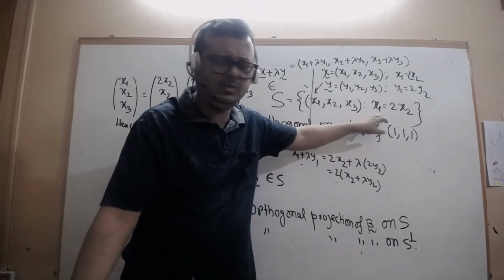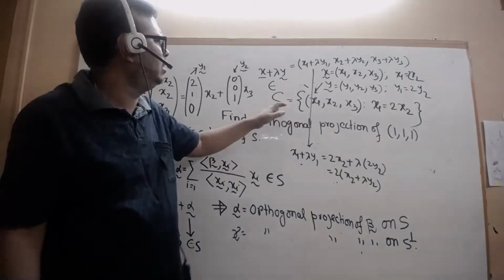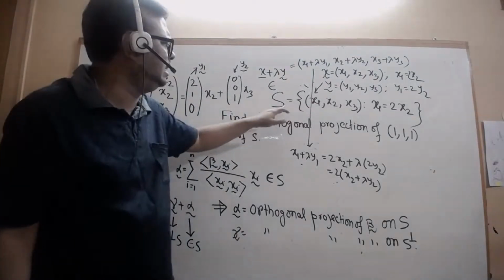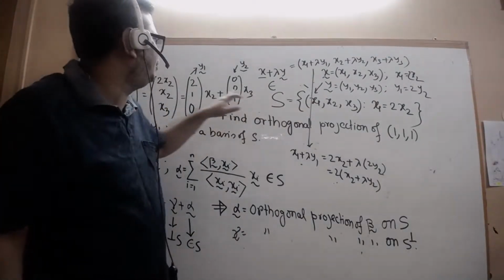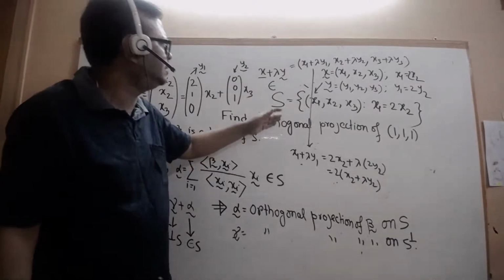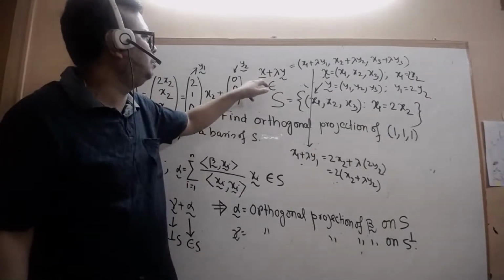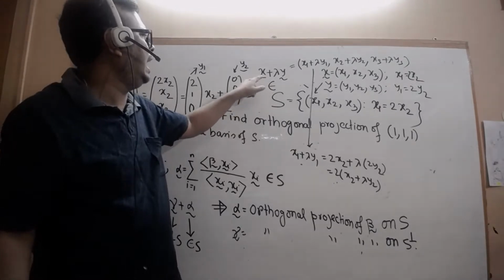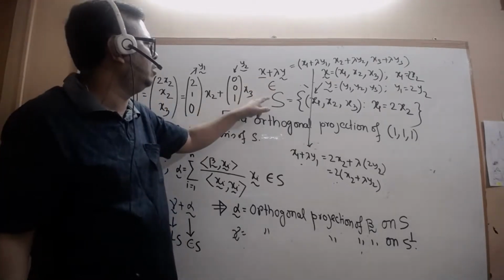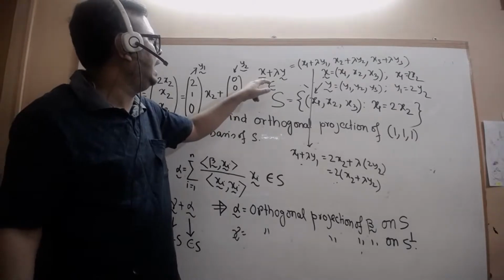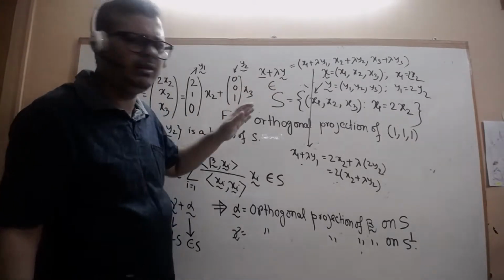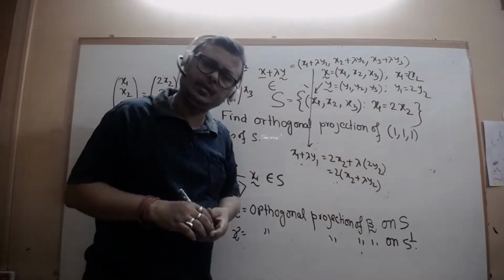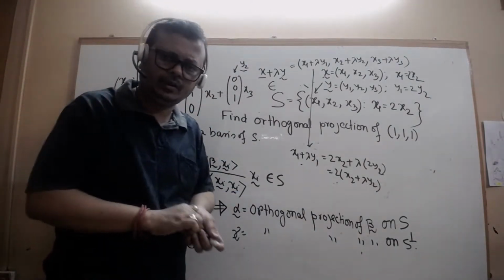Because of this restriction, you can easily say that S is a subspace of V. For subspace, you need to prove: take any two vectors from S, then check whether x plus lambda y curve belongs to S or not. If x curve plus lambda y curve belongs to S, this means S is a subspace of V. Okay, thank you.